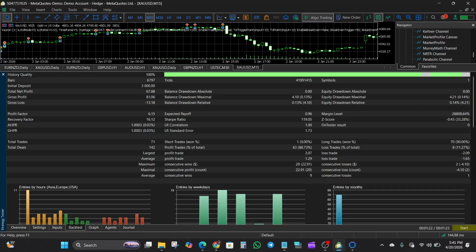So just keep in mind that performance can vary depending on market conditions, risk settings, or lot size. All right, and how the EA is configured. And of course, traders are free to test and optimize the settings further based on their own preferences. As always, these are historical backtest results and real market performance can differ.